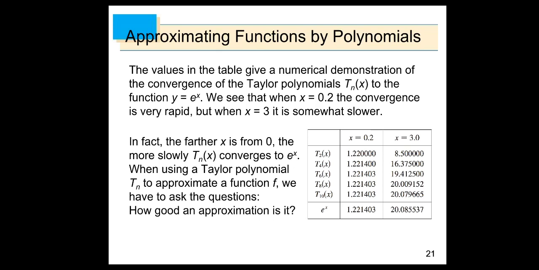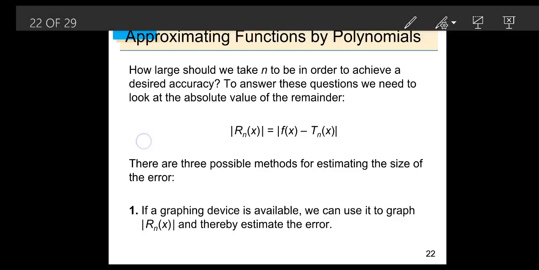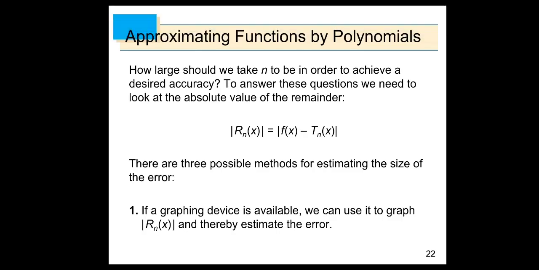In fact, the farther x is from 0, the more slowly t sub n of x converges to e power x. So when using a Taylor polynomial t sub n to approximate a function f, we have to ask how good an approximation it is, and how large we should take n to be in order to achieve a desired accuracy.